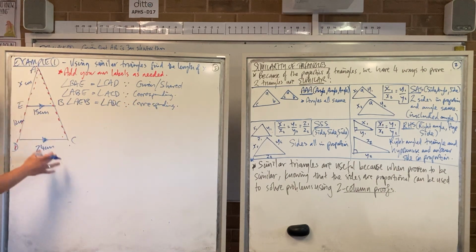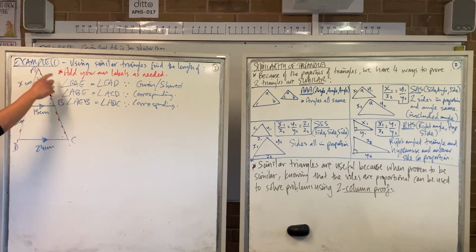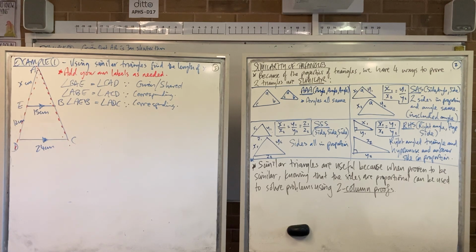But my favourite part of this topic is that there's multiple ways to do that. I don't need to use corresponding, because if I prove that two of the angles in the triangle are the same, how many degrees do the angles of a triangle add up to? 180. So I could also have said this is equal because the angles in a triangle add up to 180 degrees.